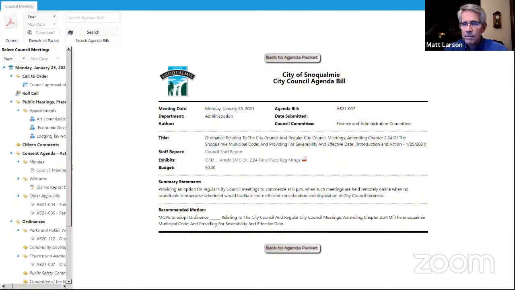Councilor Mayhew. Yes, I just wanted to answer Councilmember Jeans' inquiry a few minutes ago on the main motion here. This is a complementary action to the item below. Currently, the timing of our council meetings is set in the Snoqualmie Municipal Code.